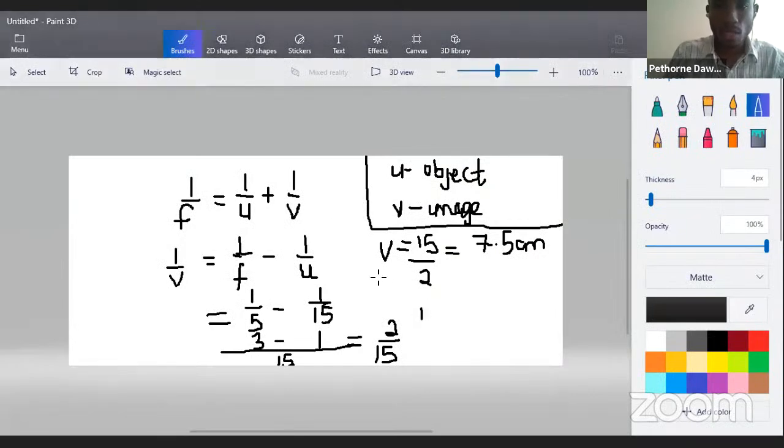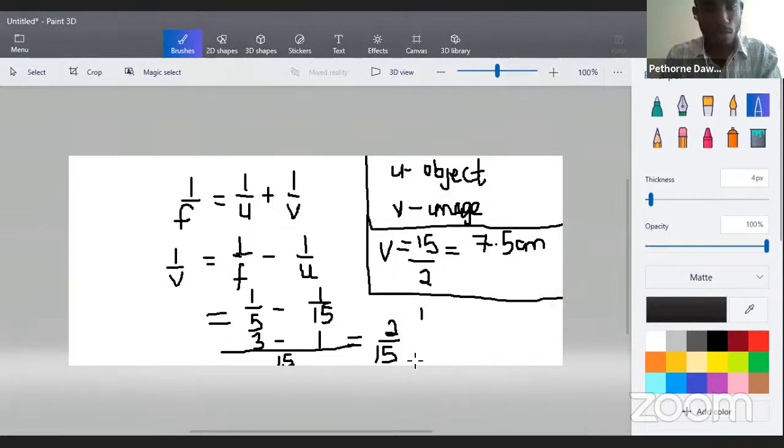So magnification, they usually use M. M is equal to V over U, which is 7.5 over 15. And that would be reduced to 1 over 2, which is a half.